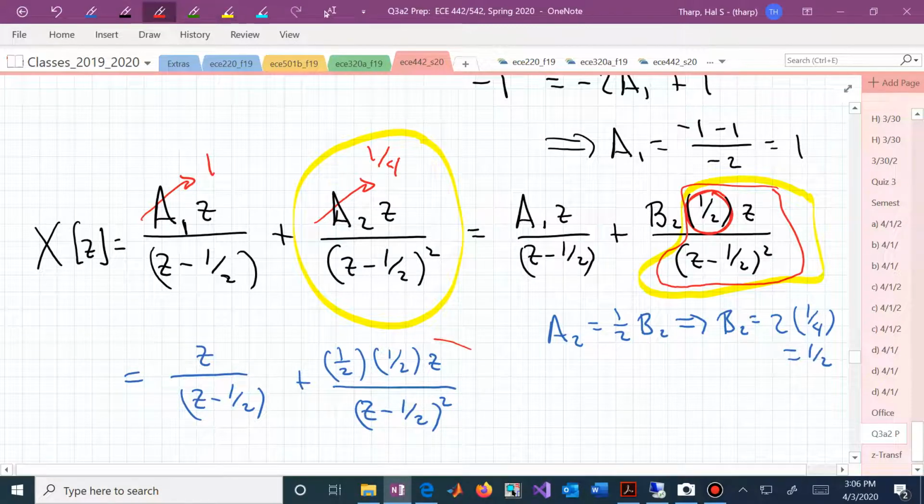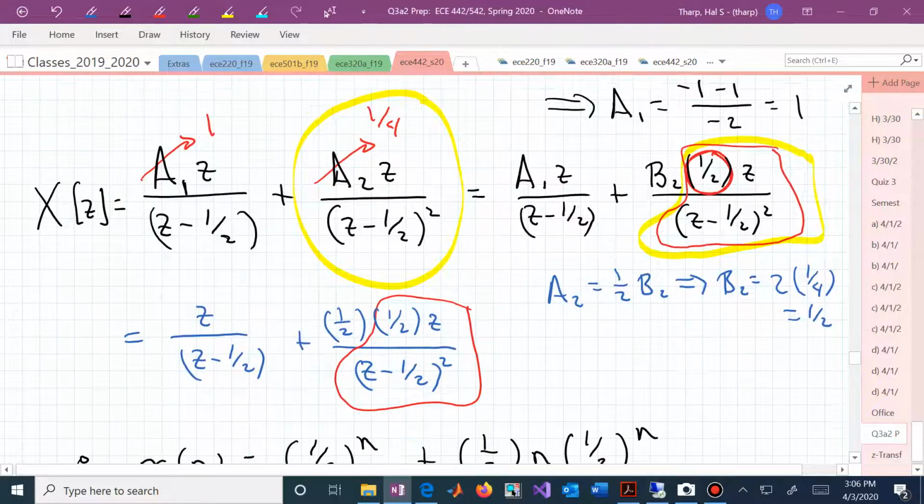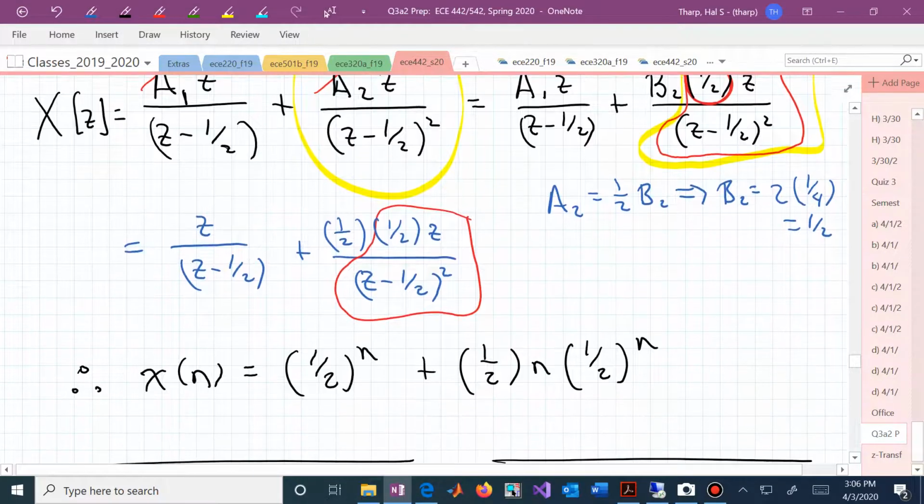Then, writing it to preserve that structure, which we know is in the table, we can immediately go back into the time domain. We know it's causal, so this is true for n greater than or equal to 0, or we could have multiplied all of that by u of n to produce this causal structure.